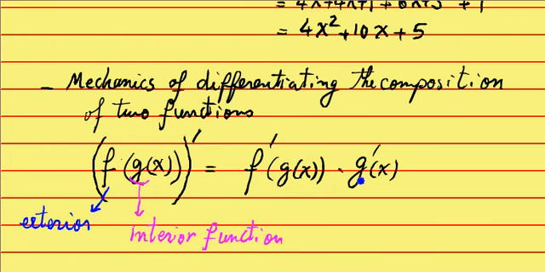So we are going to calculate the derivative of the interior function. We are calculating the derivative of the exterior function, and each of them is going to be evaluated at its own input. So the interior function is evaluated at x, the exterior function is evaluated at the interior function.